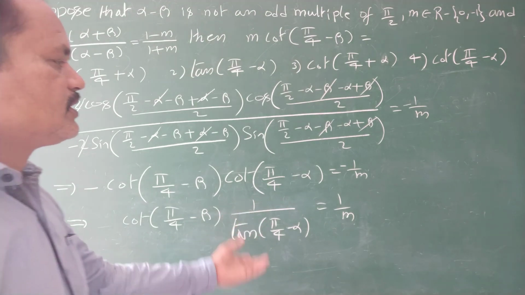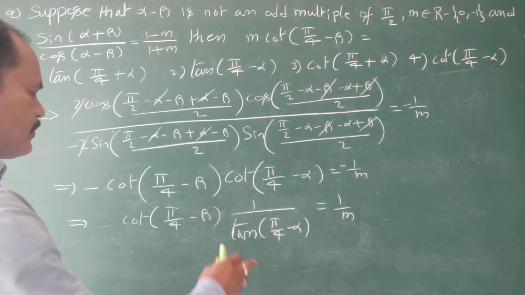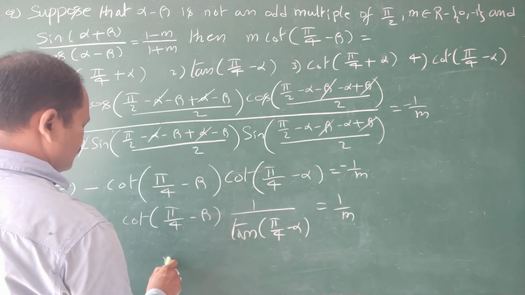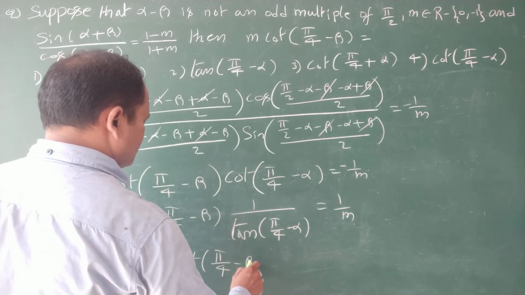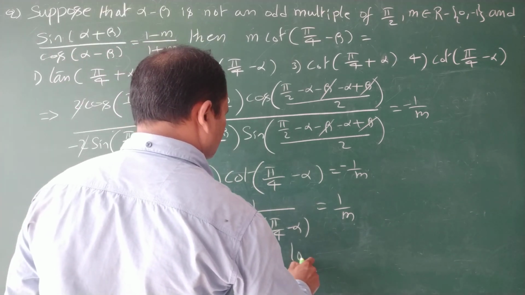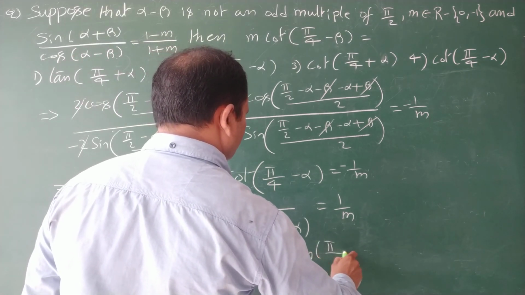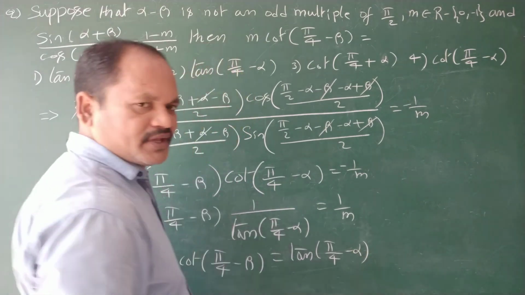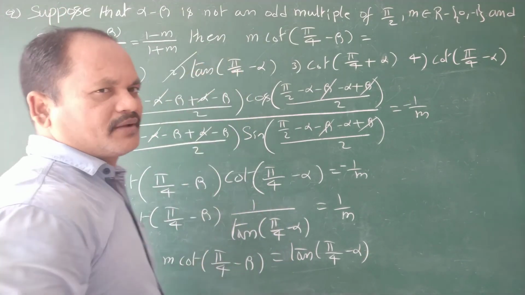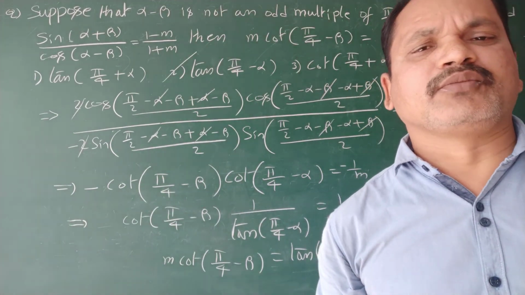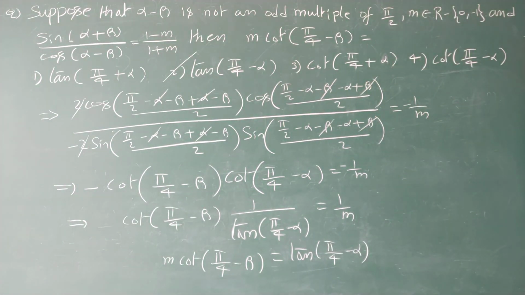Now apply cross multiplication. From cross multiplication we get m cot(pi by 4 minus beta) is equal to tan(pi by 4 minus alpha). That's why the answer is tan(pi by 4 minus alpha), that is the second option. That's all. Now we are going to one more question depending upon this concept.